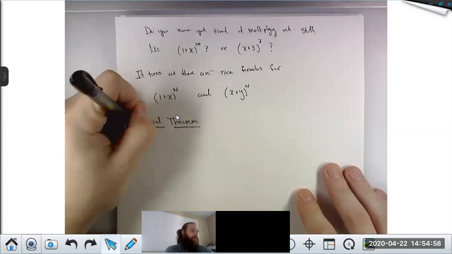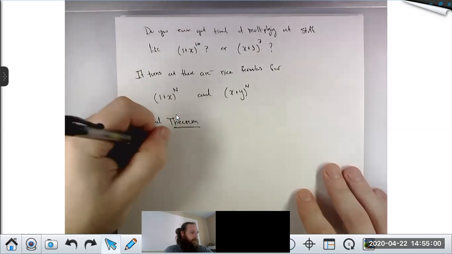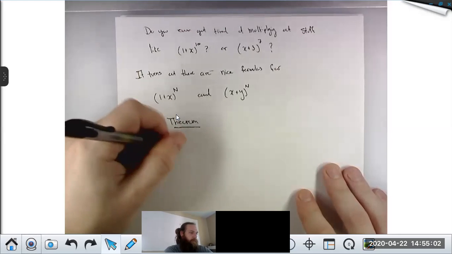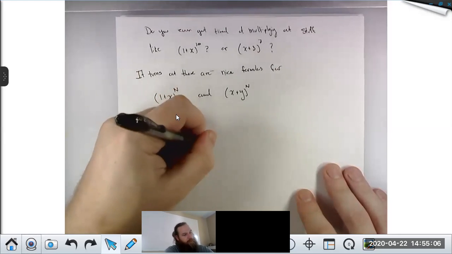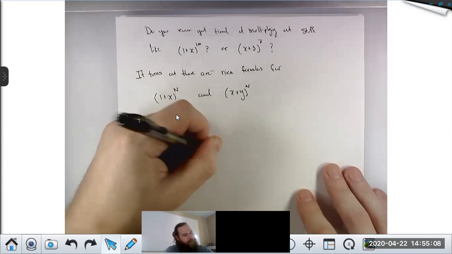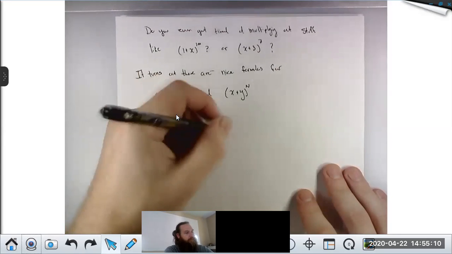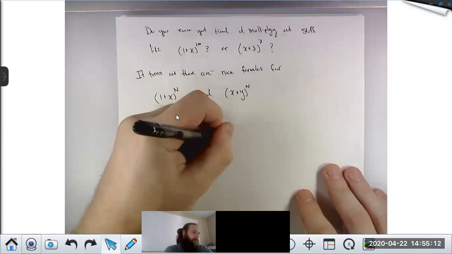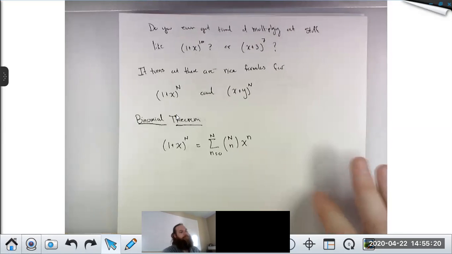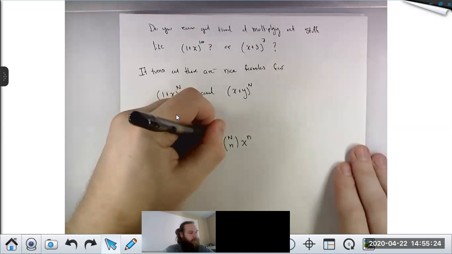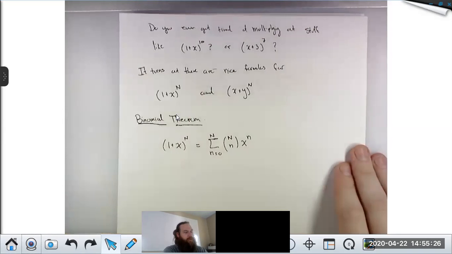It involves a little bit of notation. So first I'll show you the formula. This is the sum from little n equals 0 to big N of big N choose little n times x to the little n. And I'll show you what this weird parentheses thing means here in just a second.